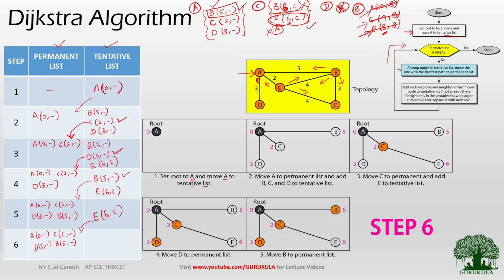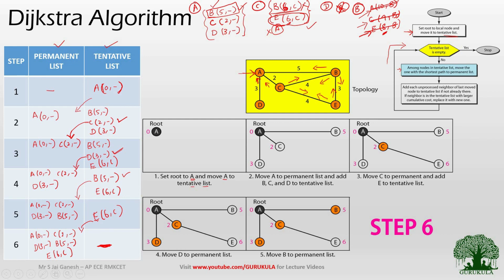Now we will be moving E to the permanent list. After doing this, all the neighbors of E are already processed. The neighbors of E are B and C. Both B and C are already processed, so there is no other node which has to be added onto the tentative list.